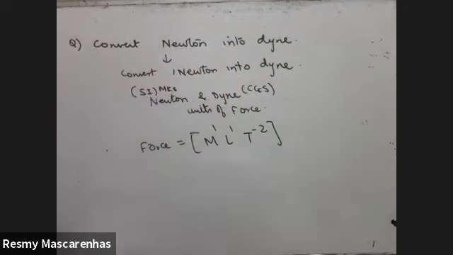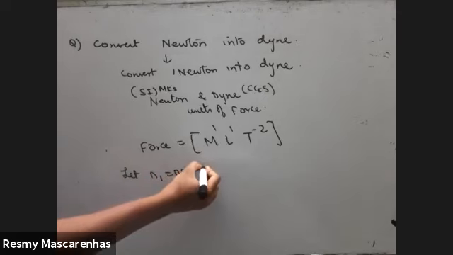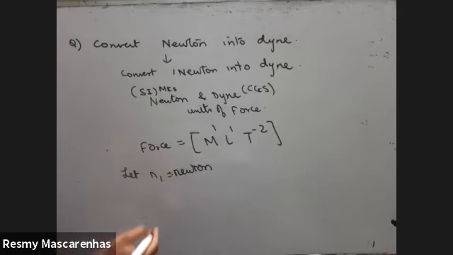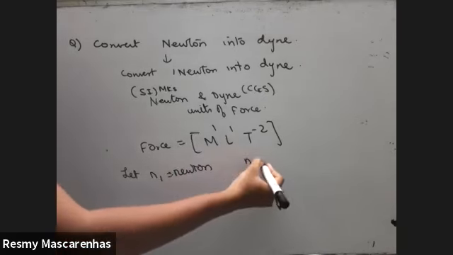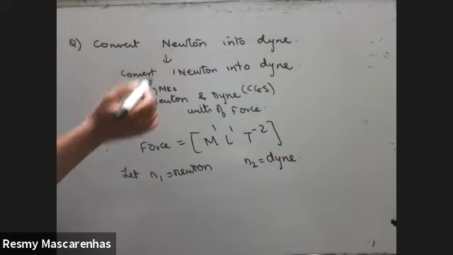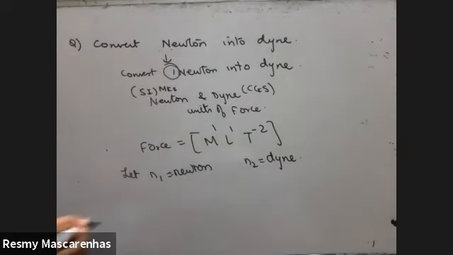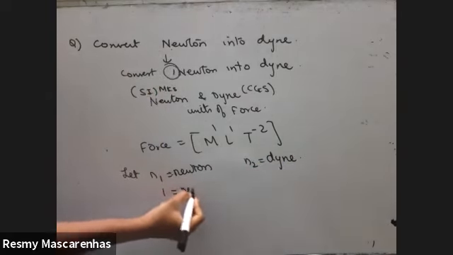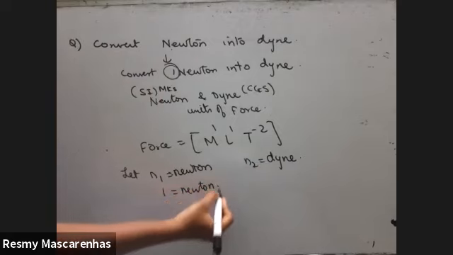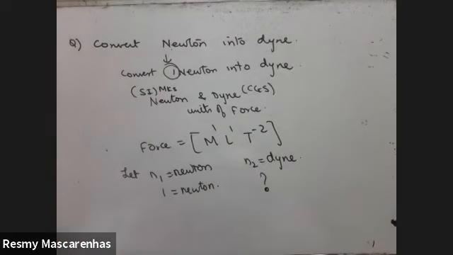We'll use N1 for Newton and N2 for dyne. Now N1 means number of newtons. This is already assumed. It is 1. This we don't know. We have to find out how many dynes we will get.